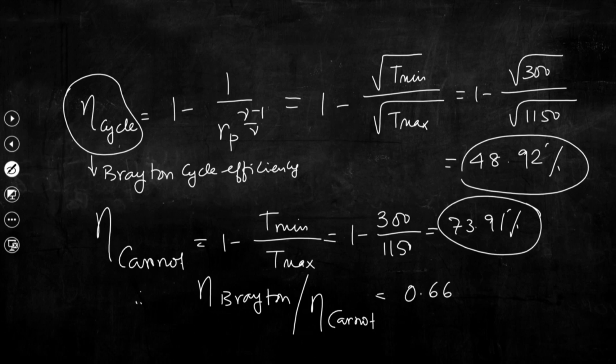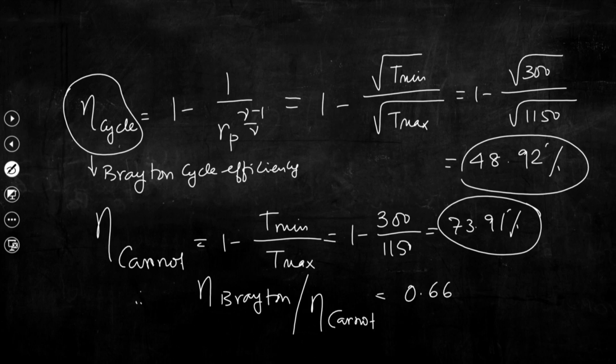So, Brayton cycle efficiency is 0.66 times the Carnot cycle efficiency. So, we can understand that for gas turbine units that run on the Brayton cycle, efficiency is significantly smaller than the Carnot cycle.